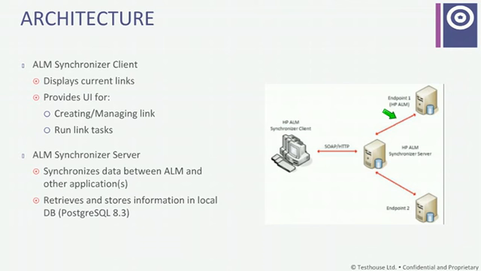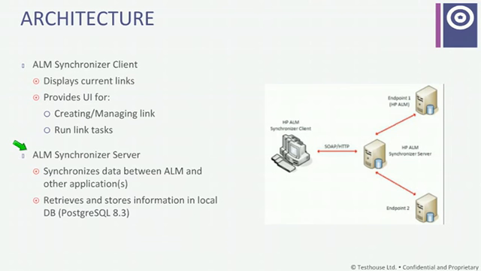So we have a synchronizer client, which is used to display our configuration and also configure the HP ALM Synchronizer server. And we have the server, which is always on, installed on the server, which automatically synchronizes data between the ALM server and the other endpoint.